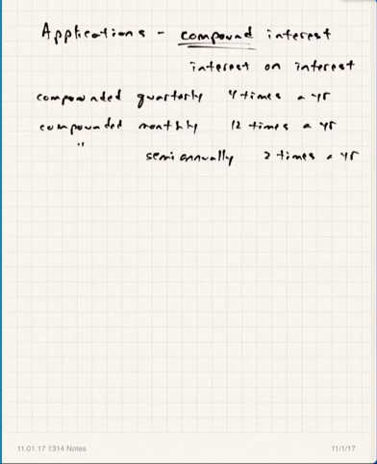There is a formula for how you can calculate how much money you have in an account that's compounded like this, and the formula looks like this. It's A equals P times (1 plus r over n) to the nt, where P is the principal.